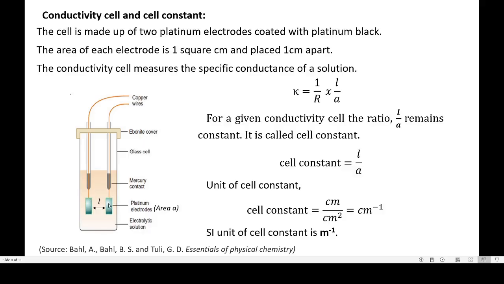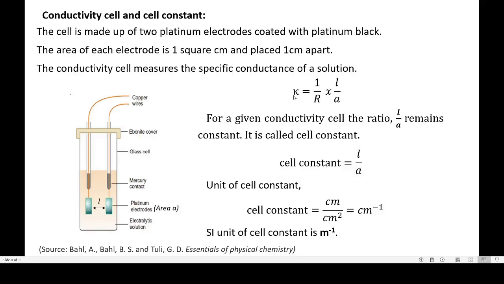These 2 electrodes are fused to a wire for the external circuit which is enclosed in a glass tube, and this whole setup is dipped in an electrolyte solution whose conductance is to be measured.